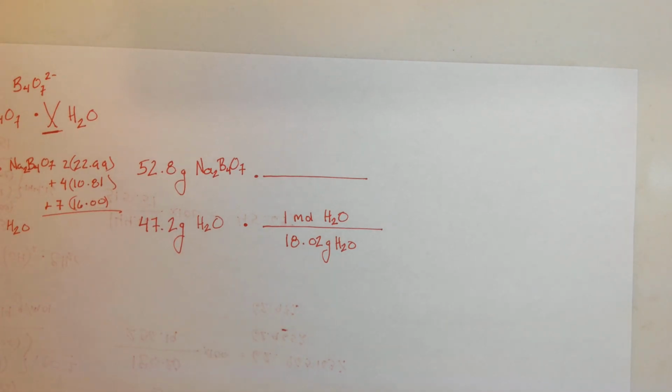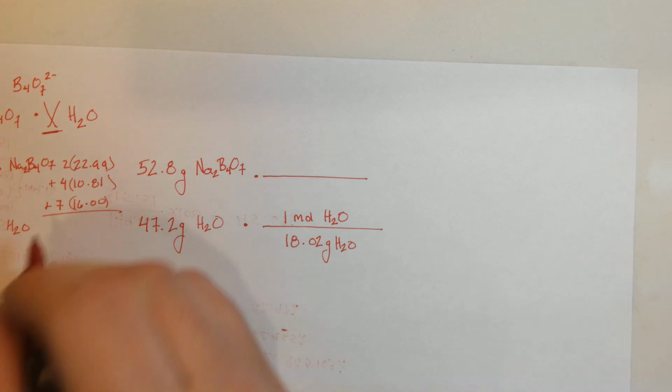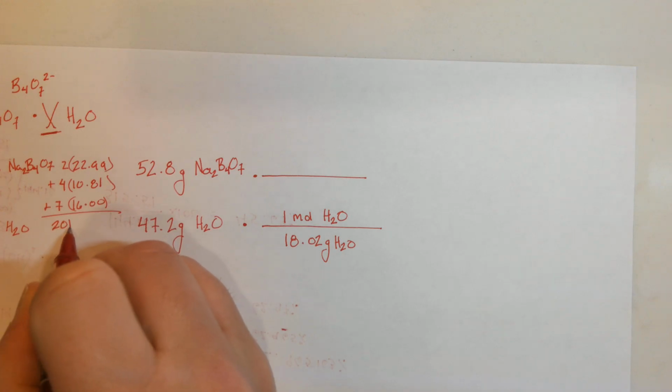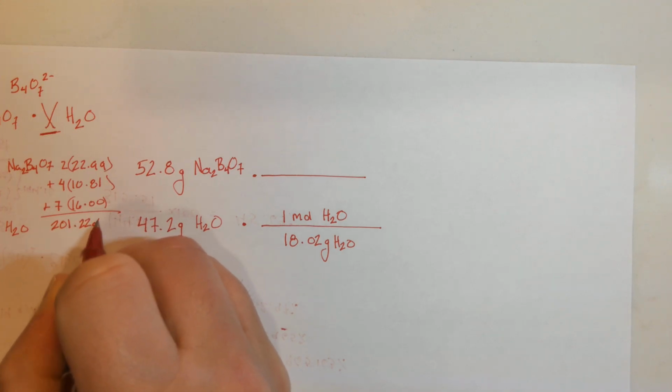So we'll grab our handy-dandy calculators, and we'll say 2 times 22.99 plus 4 times 10.81 plus 7 times 16.00, and that's going to get us 201.22 grams per mole.